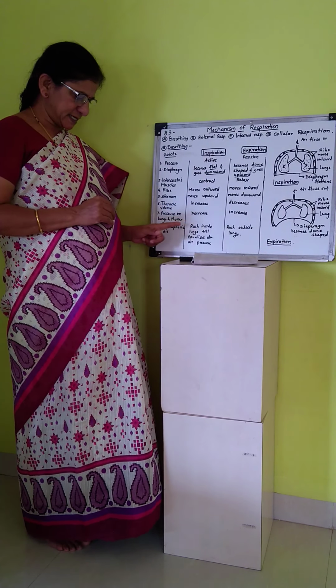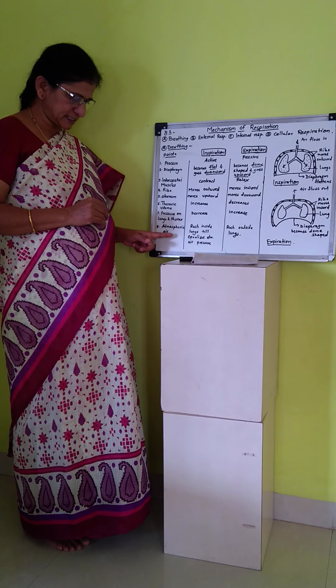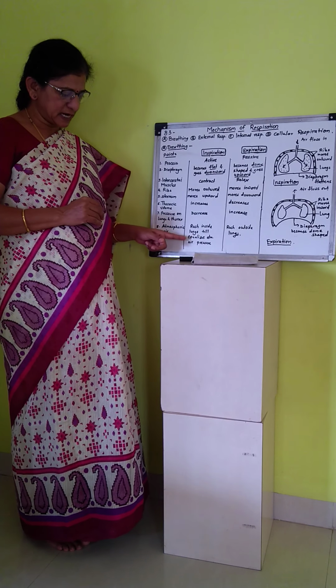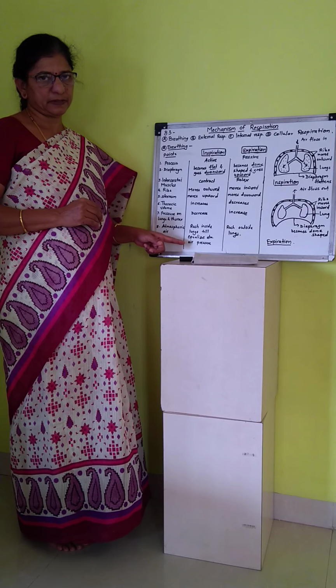Thoracic volume increases, and due to which the pressure on the lungs and thorax decreases, and atmospheric air now rushes inside the lungs to equalize the pressure. Right?